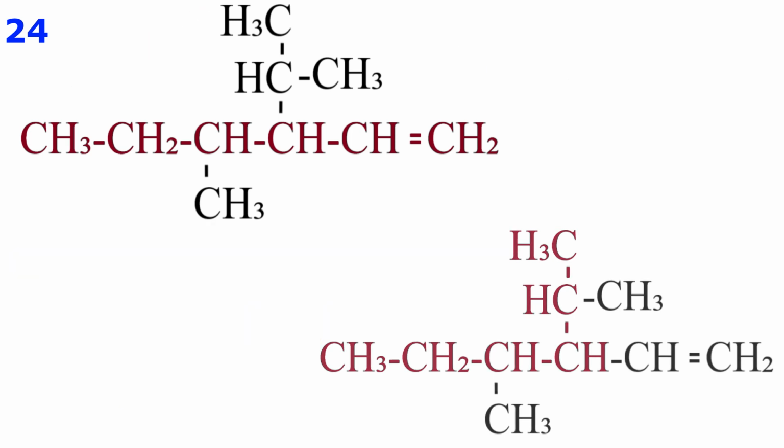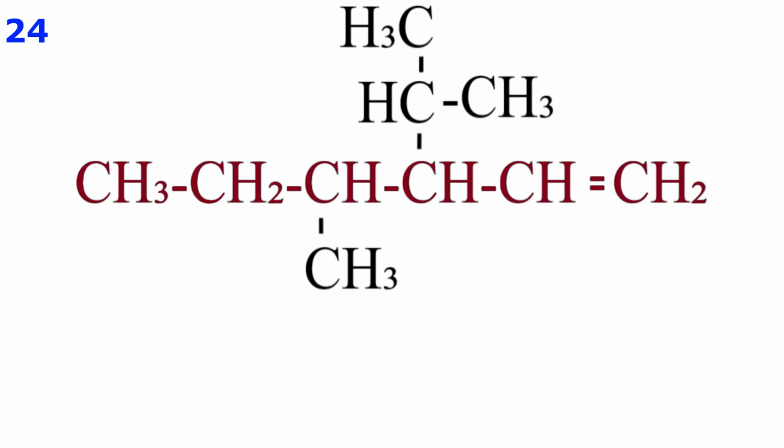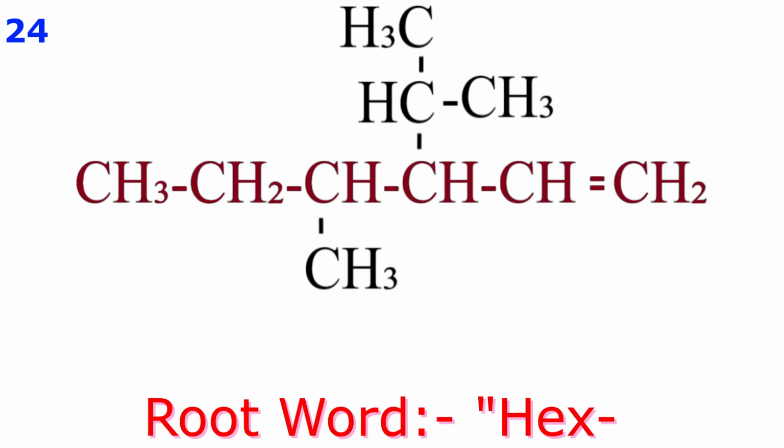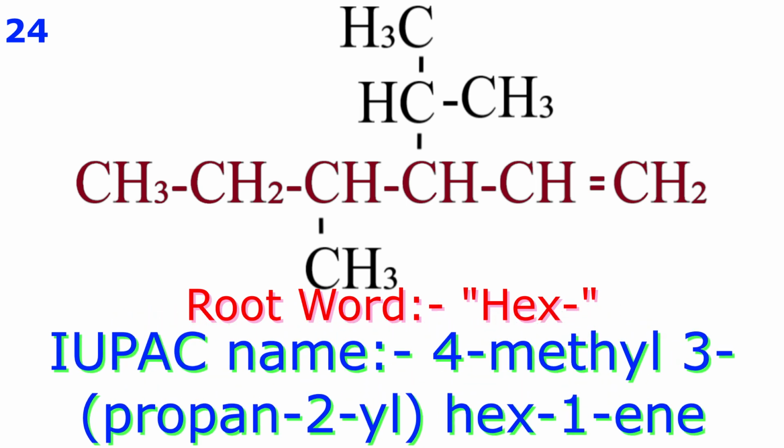There are 2 chains with 6 carbons, but the chain with the double bond, as shown at present on your screen, is to be selected as the parent chain.